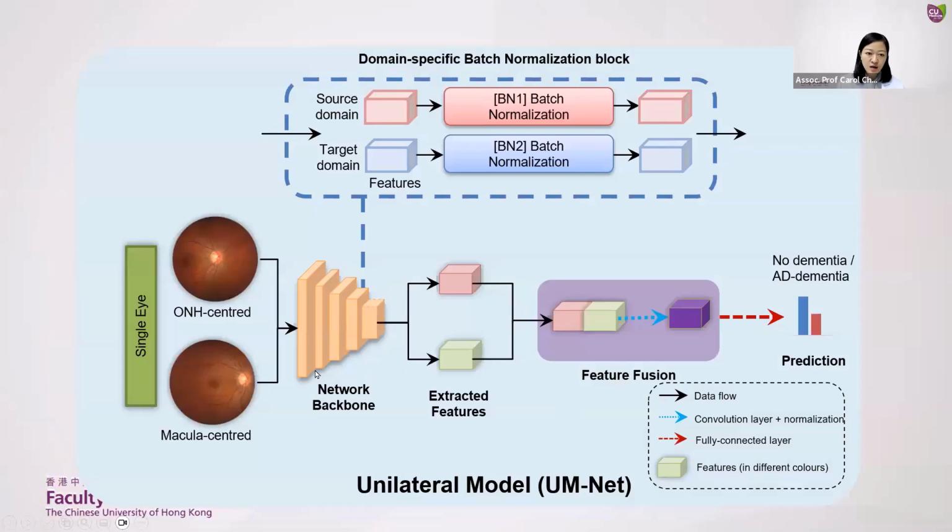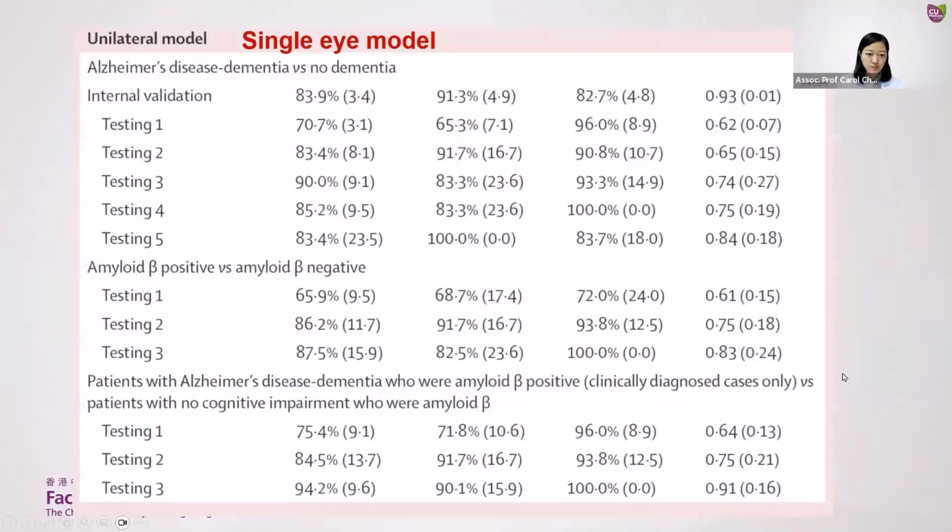We also developed a unilateral model for single eye analysis because individuals may have ungradable retinal photographs from one eye due to, for example, severe cataract. The unilateral model uses information from both the optic disc center retinal photograph and the macular retinal photograph in only one eye for the AD dementia prediction.